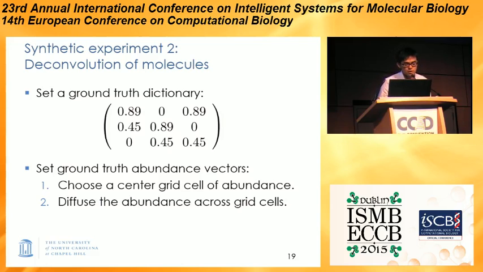We set the ground truth dictionary like this, and we set to simulate the characteristic that nearby locations have similar abundances. We set ground truth abundance vectors by first choosing a center grid cell, and we set the abundance for the molecule. Then we diffuse its abundance across grid cells.